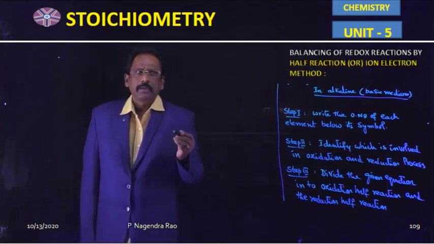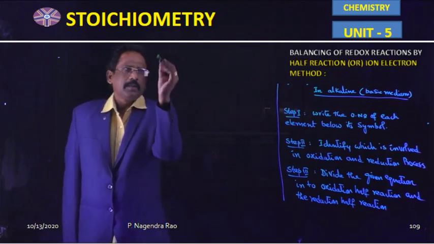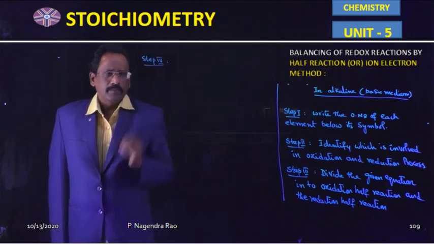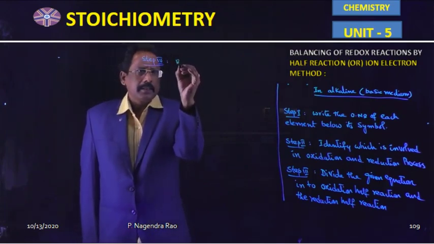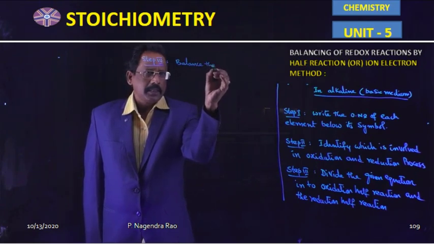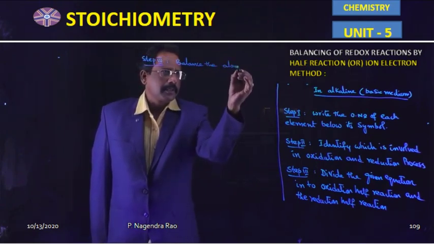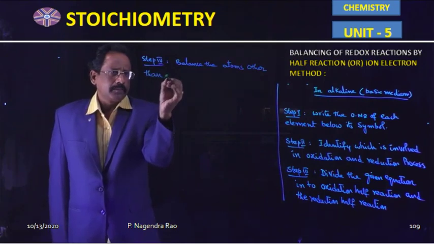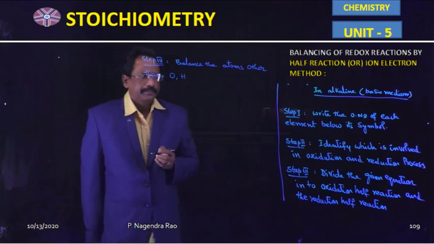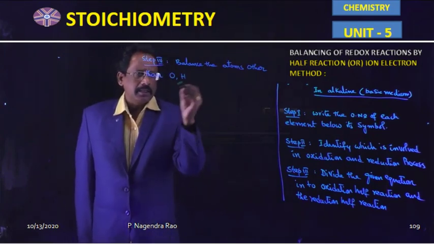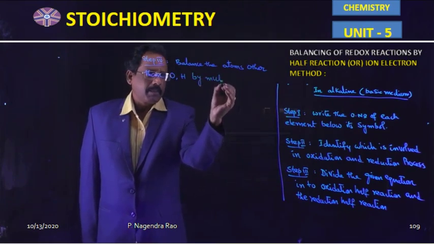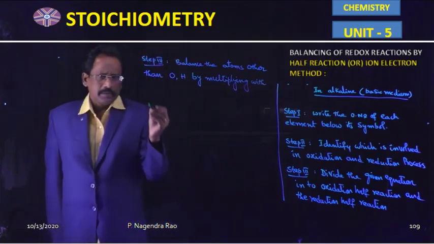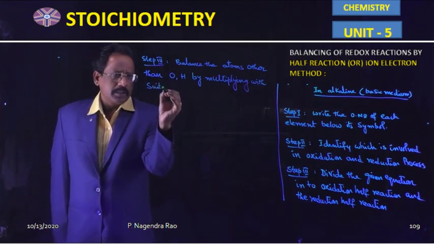Now, the next step is balance the atoms other than oxygen, hydrogen, by multiplying with a suitable number.